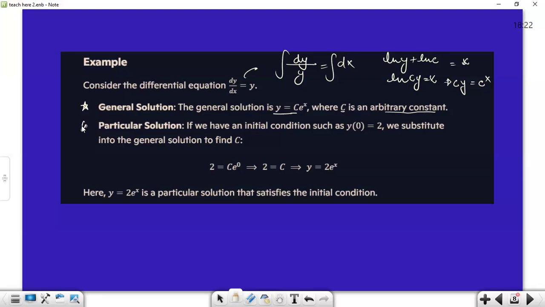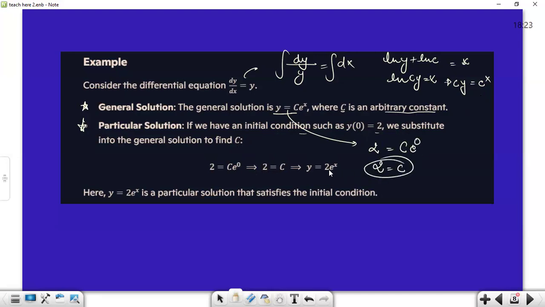Now, if we had an initial condition in the question that y of 0 is equal to 2, it means whenever we substitute x as 0, the value of y becomes 2. Now we can substitute to find the constant. y is 2, C we do not know, e raised to the power 0 becomes 1.